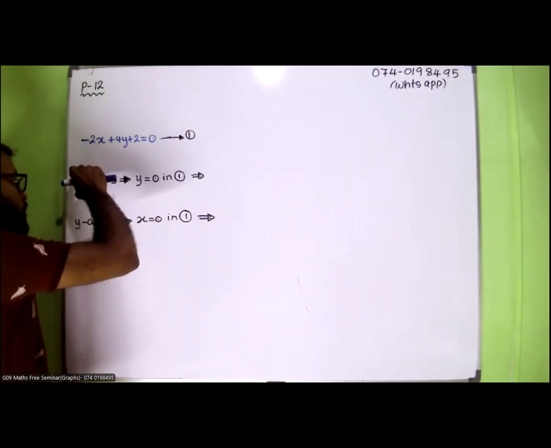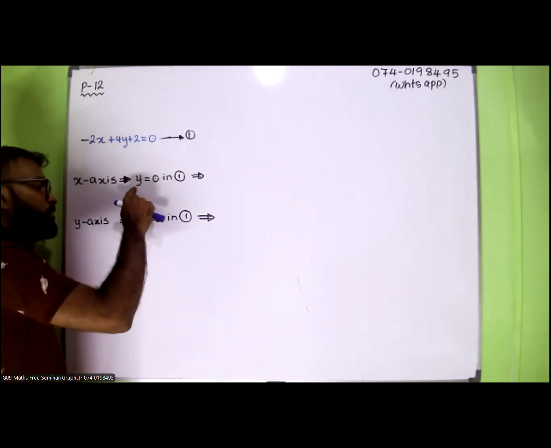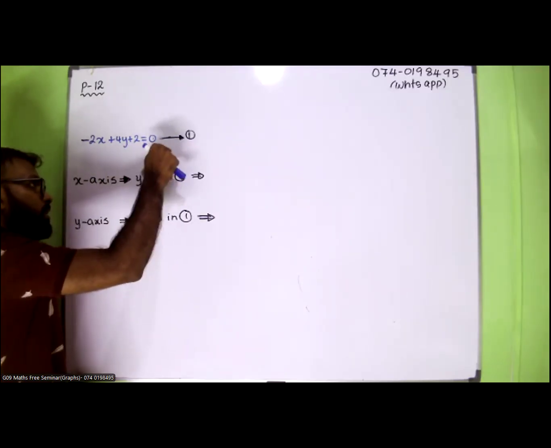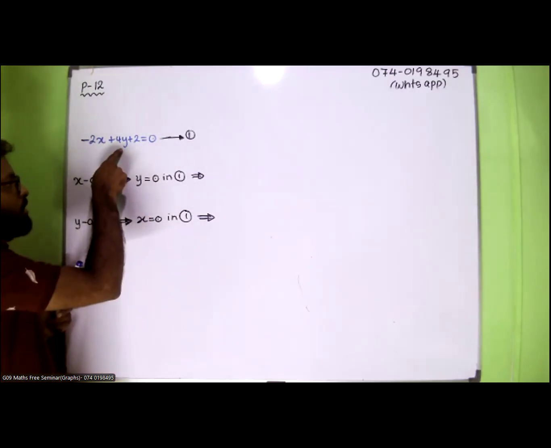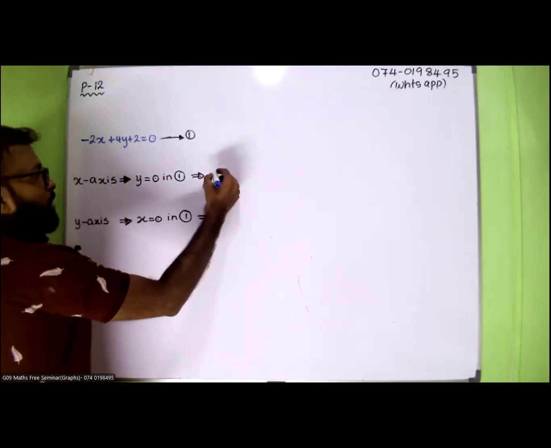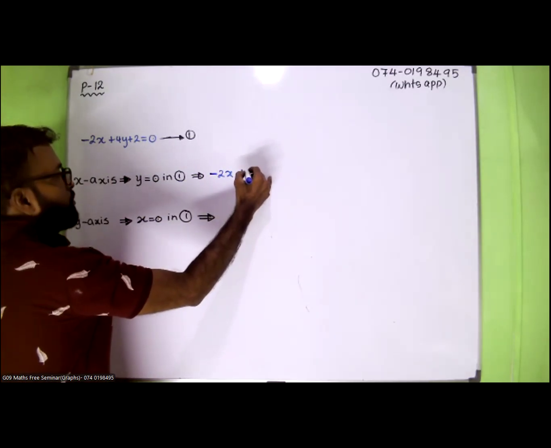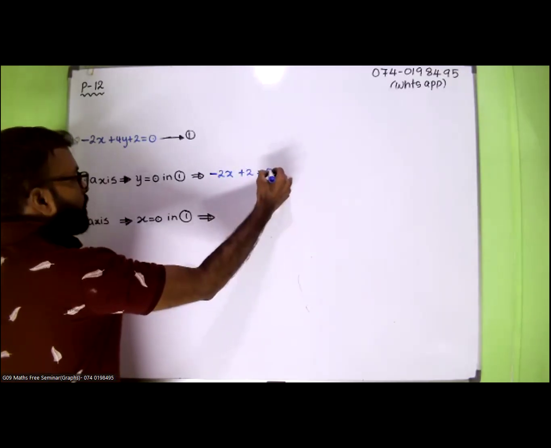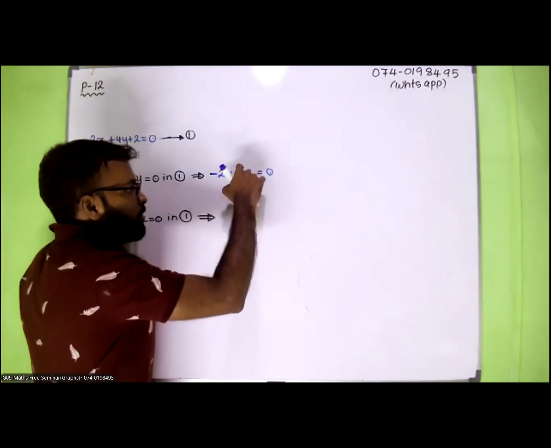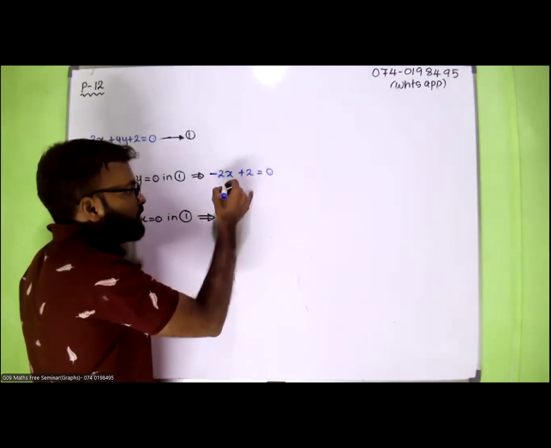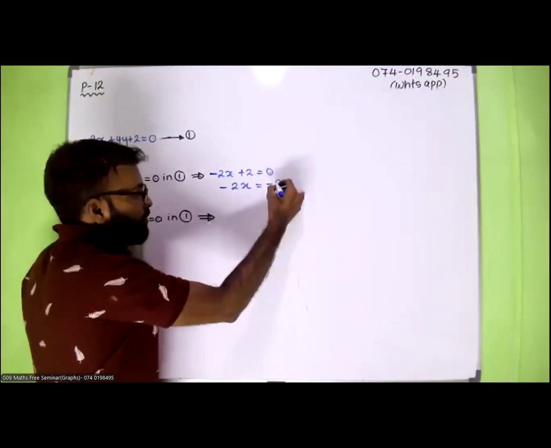If I want to find the intersection point with the x-axis, I am going to substitute y equals 0 in this function, equation 1. If I substitute y equals 0 here, I have minus 2x plus 2 equals 0. So I am going to take this plus 2 to the other side, so it becomes negative 2.